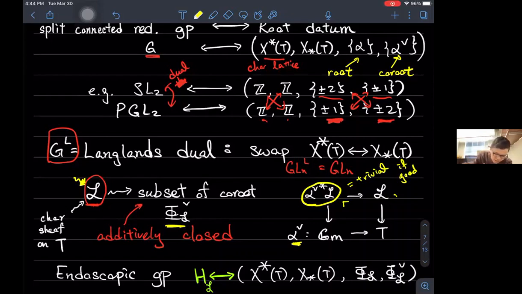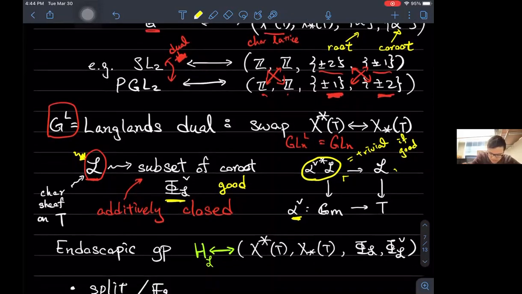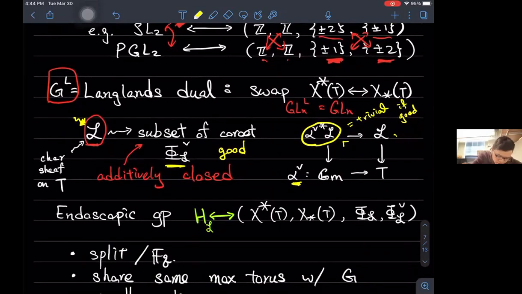So I have a subset of good coroots for each L. And you could check that these subsets of coroots are actually additively closed. Namely, if alpha and beta are good coroots, alpha plus beta is also a good coroot. So now I could define the endoscopic group. If I have an L, then I only need to construct a 4-tuple.